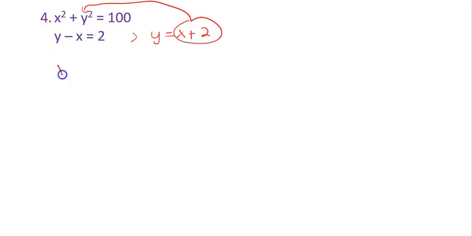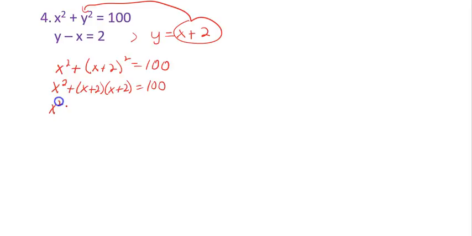So if I do that, I get x squared plus (x plus 2) squared equals 100. This means I have to FOIL, so I'm going to write that twice. So I'm going to get x squared plus x squared plus 2x plus 2x plus 4, still equal to 100.